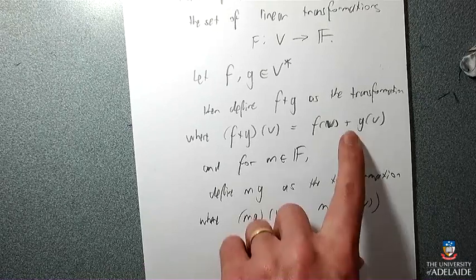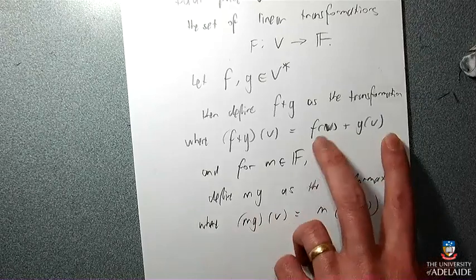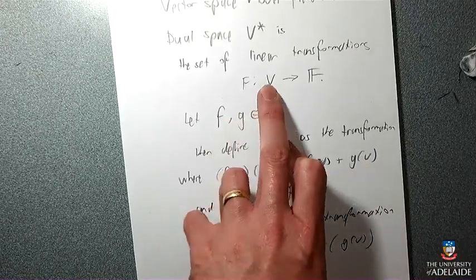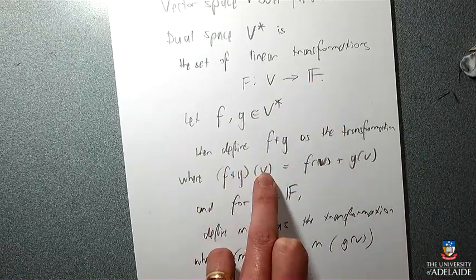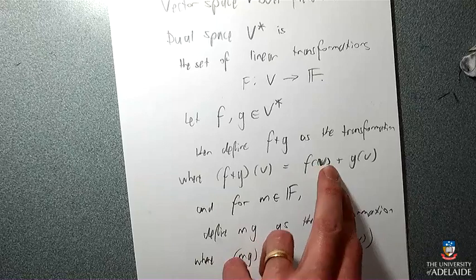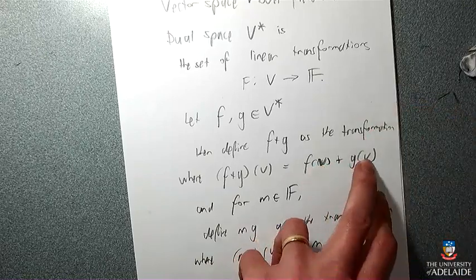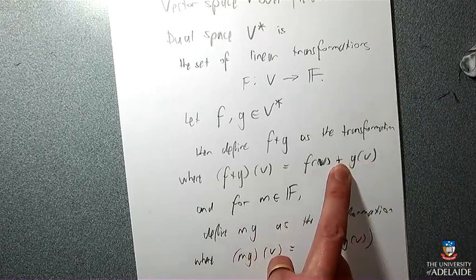So this plus is the plus from f, because these functions go from v to the field, which means that if I do function of v, then this f of v is a number in the field and g of v is a number in the field, and so that plus is the plus from the field.